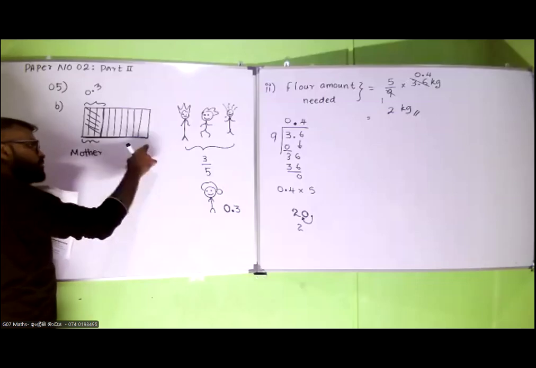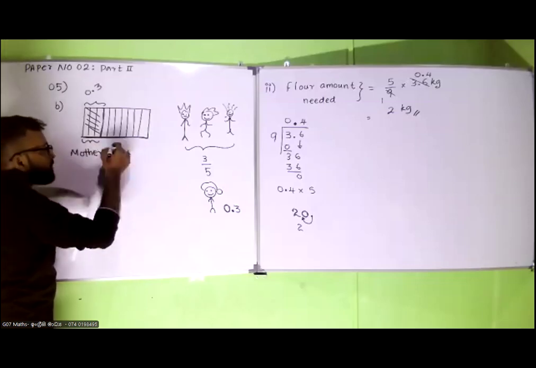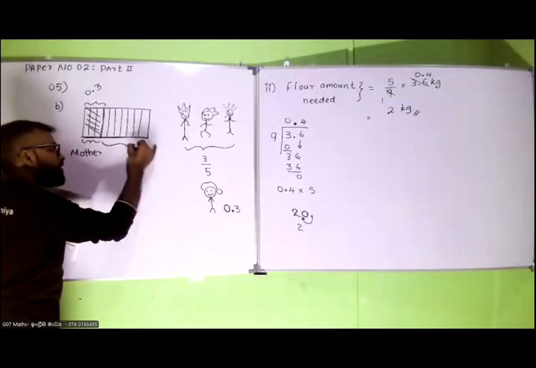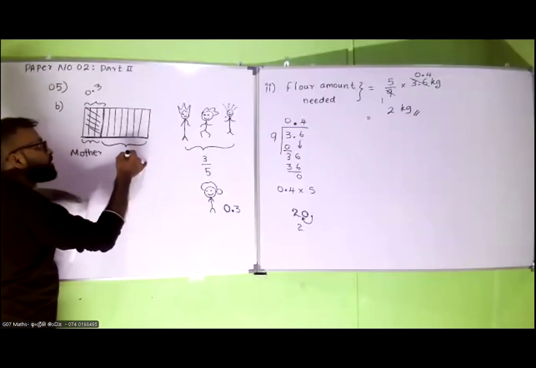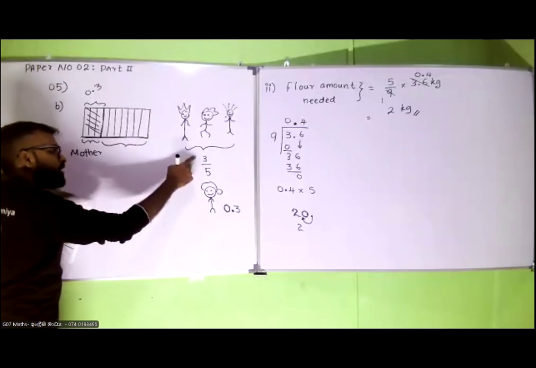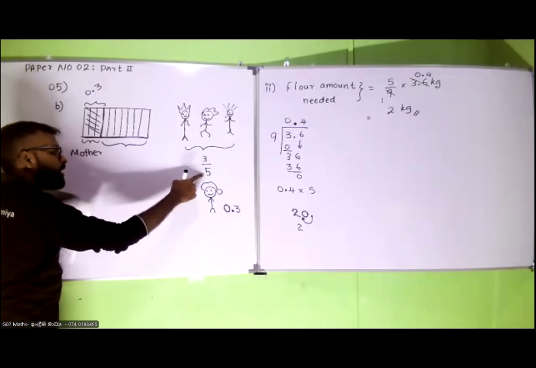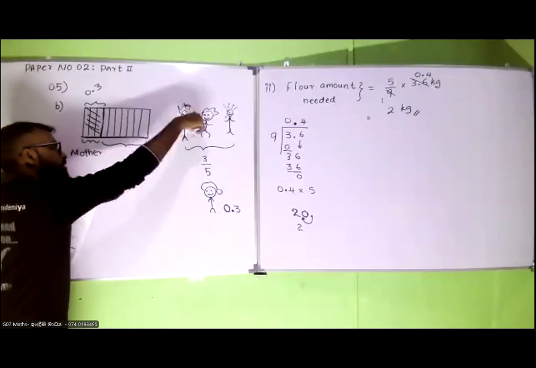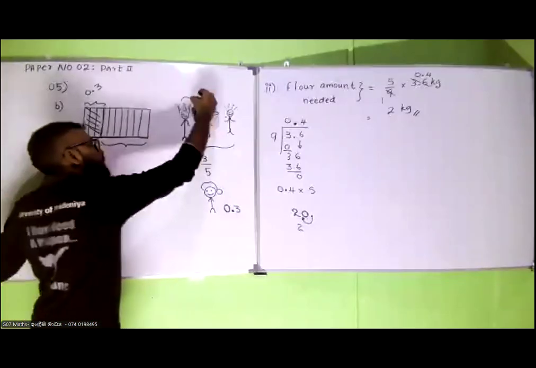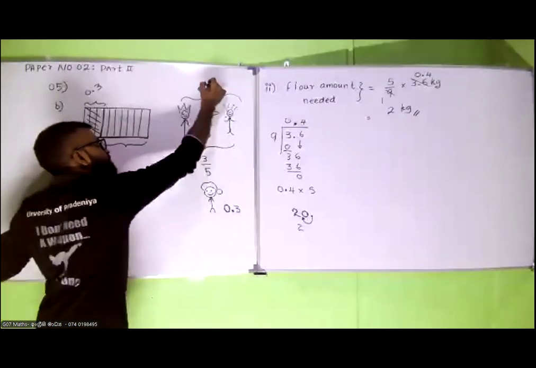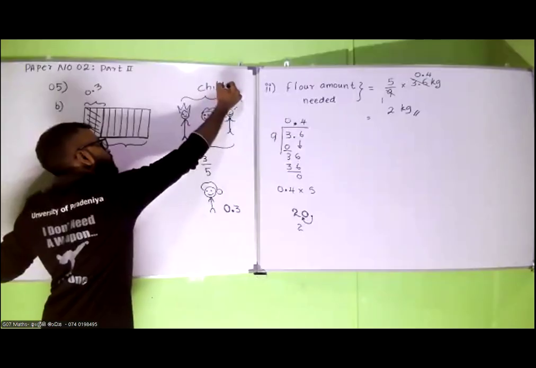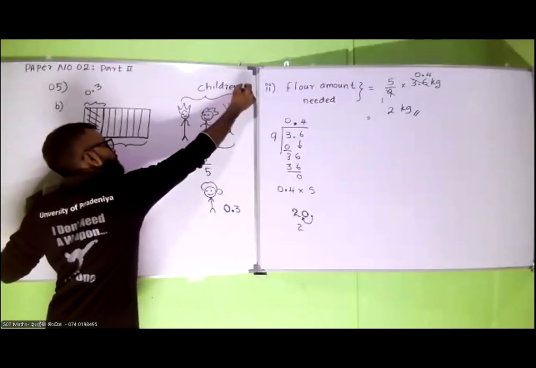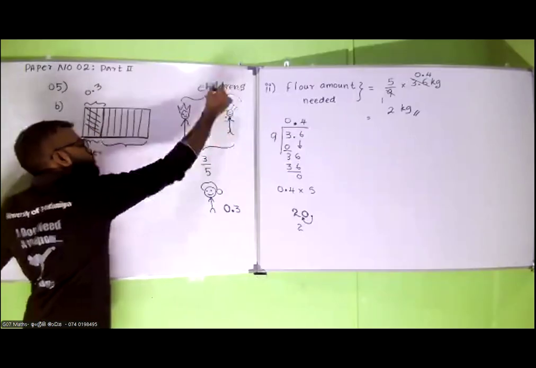And the rest, the father divides into 5 equal parts, and 3 parts have been given to the children.